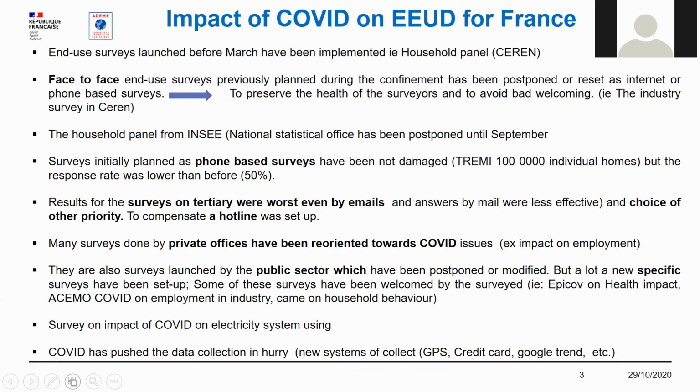We will use more GPS, credit card, Google Trends, etc. materials instead of classic face-to-face or email surveys. So in one way, we will have delays in all end-use data, but we have developed new methodologies which can provide interesting insight for the future. Next one.